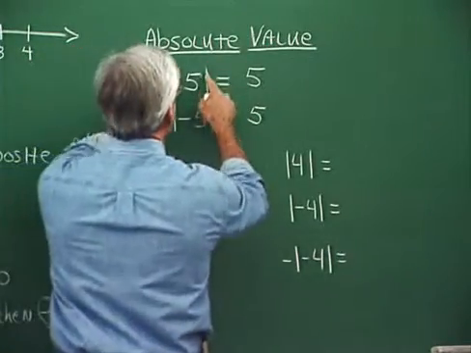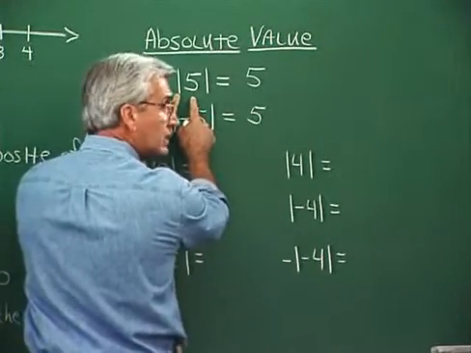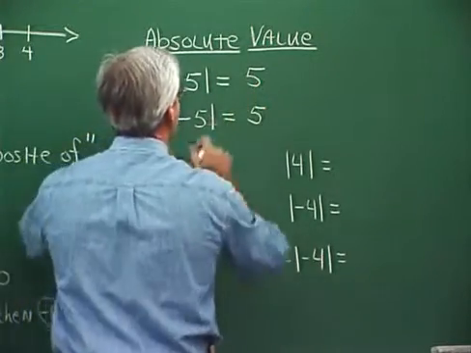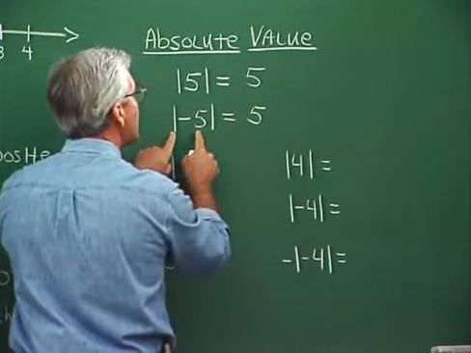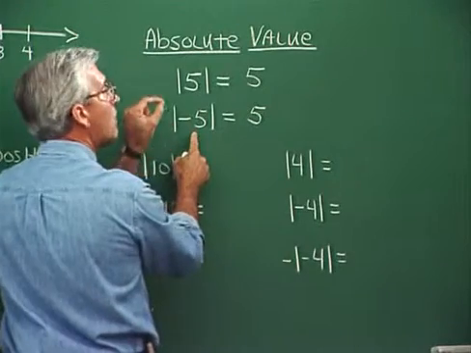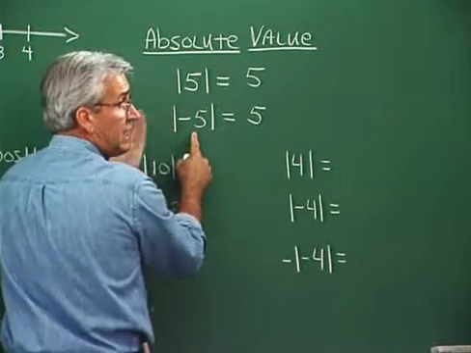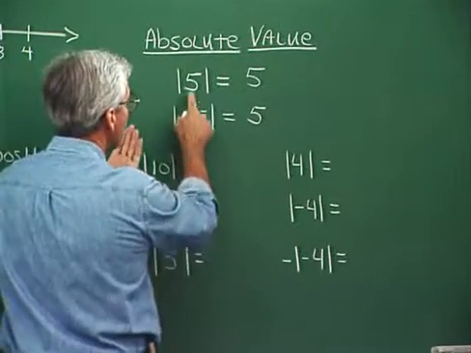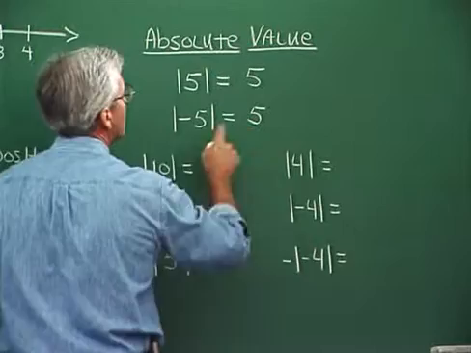The absolute value of 5, since 5 lies 5 units from 0, is 5. The absolute value of negative 5 is also 5, because this number is also 5 units from 0 on the number line. It's just in the opposite direction. But the absolute value of negative 5 is 5.